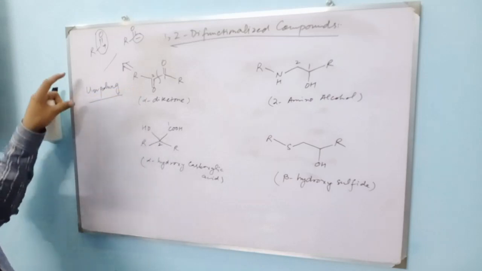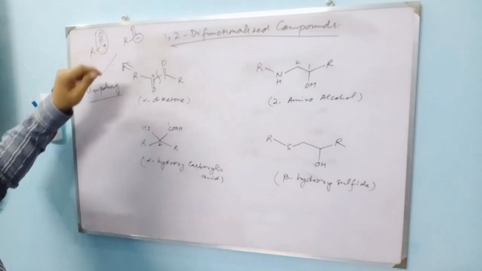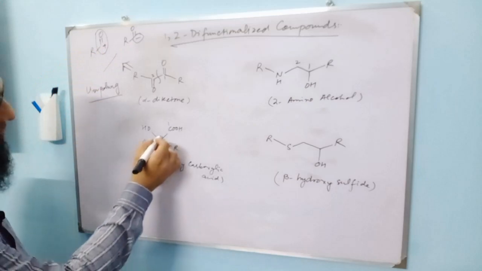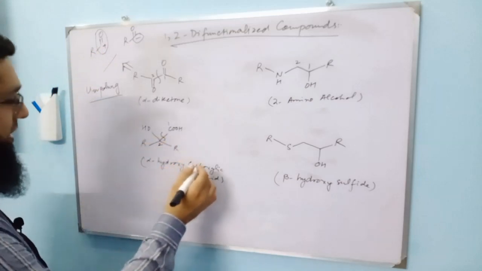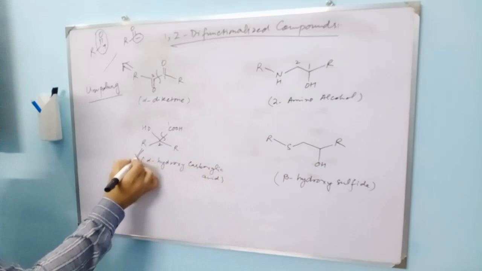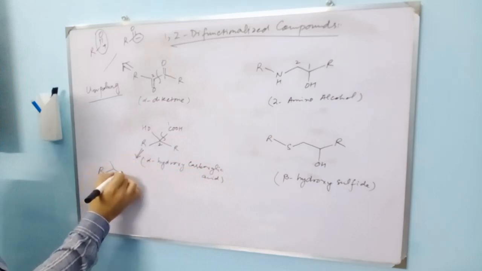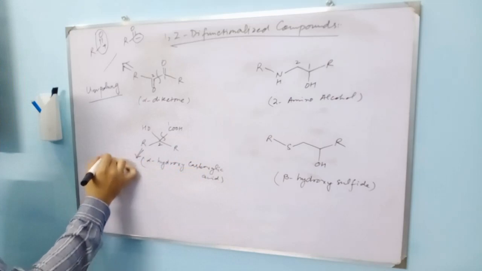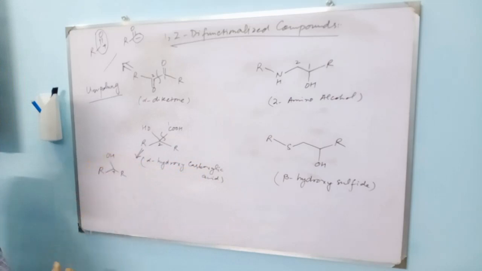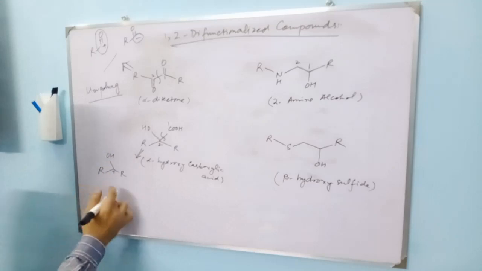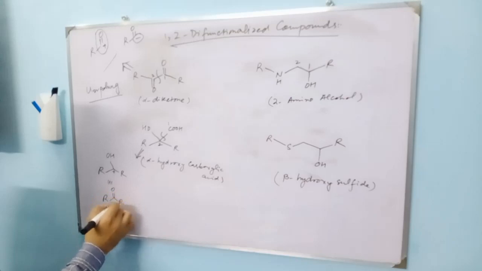So here we have umpolung, and if we disconnect from here, for example, as a result of disconnection we get this synthon. This is an acceptor synthon, and we know that for this we have a reagent, this ketone, so a reagent for this is available.